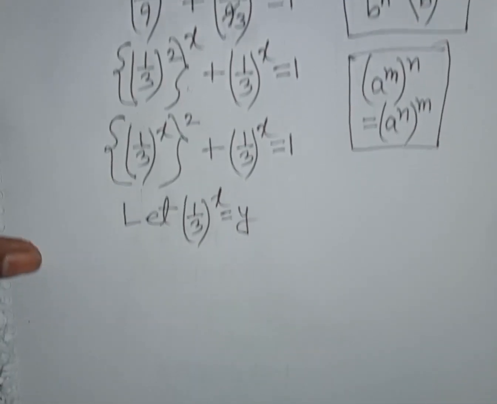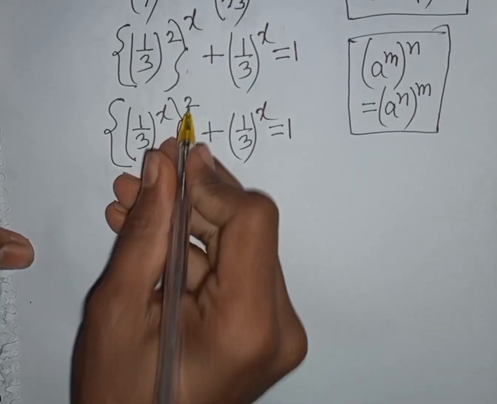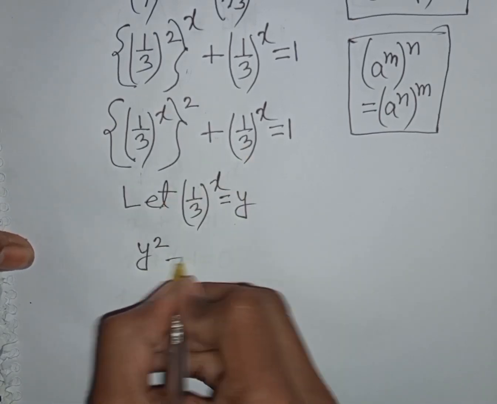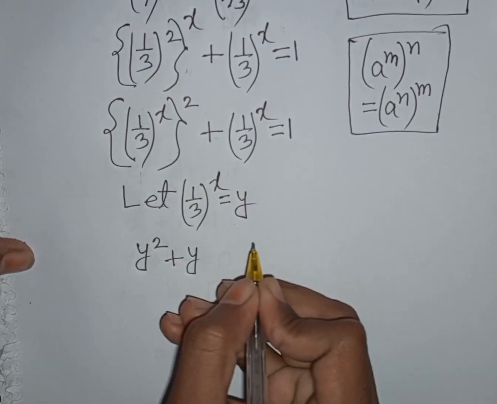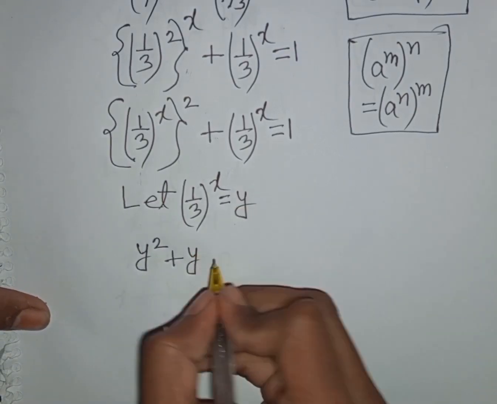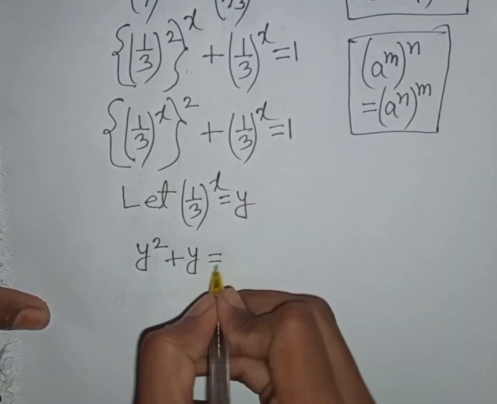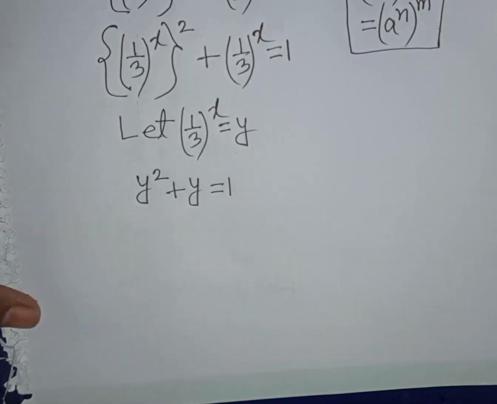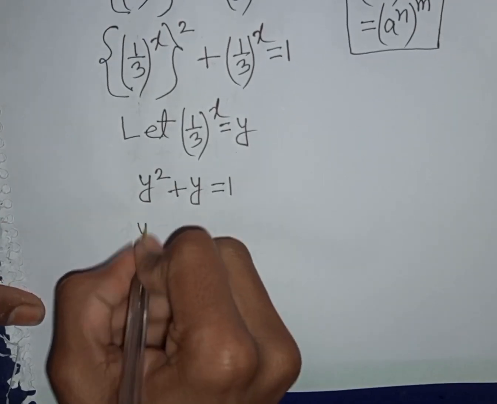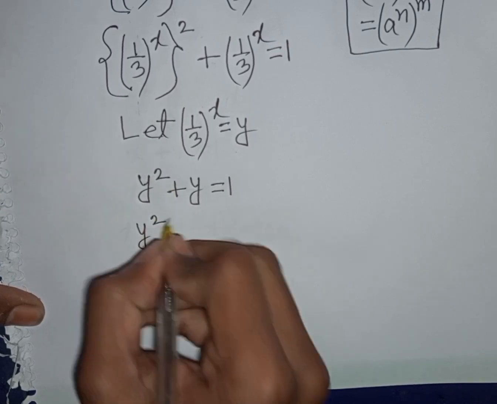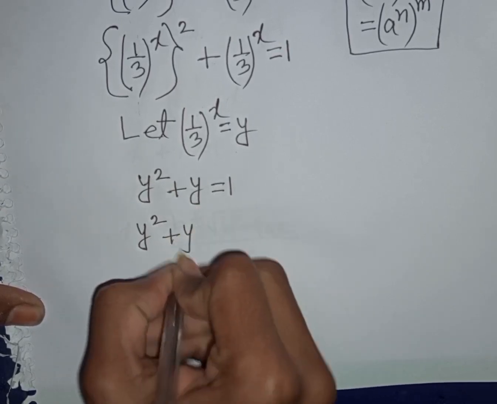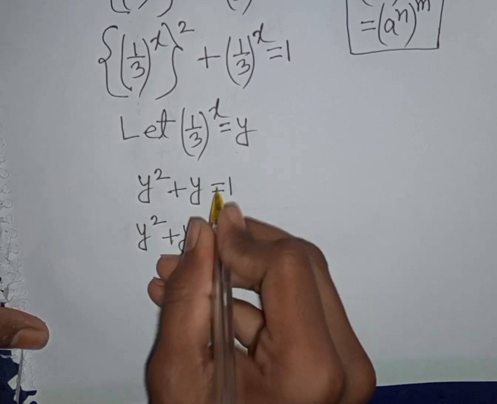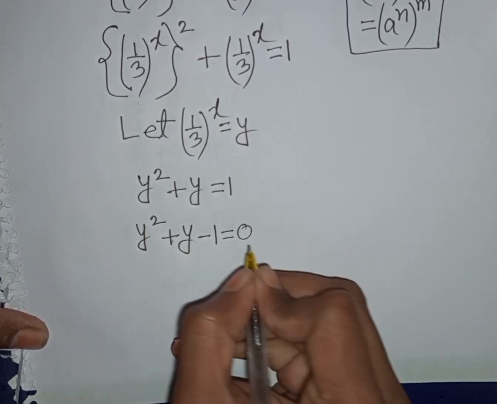So our equation will be y^2 + y = 1. Now we can write y^2 + y, then this plus 1 taken to the left side will be minus 1, is equal to 0.